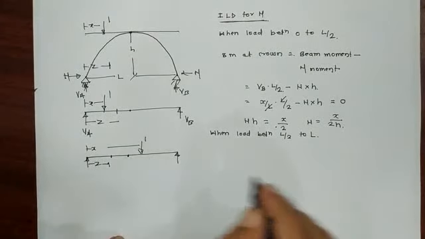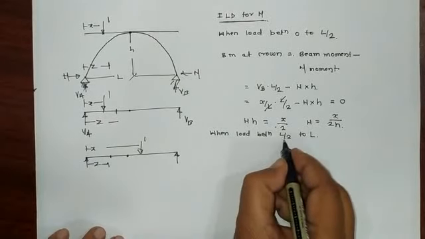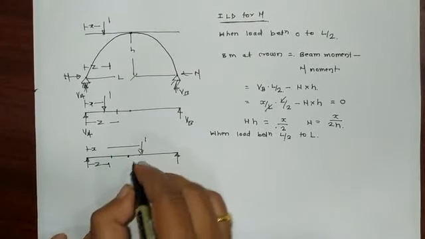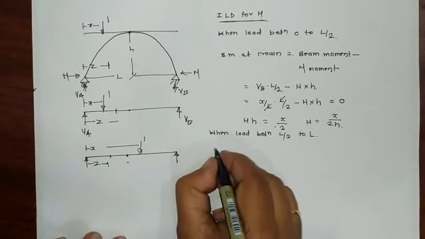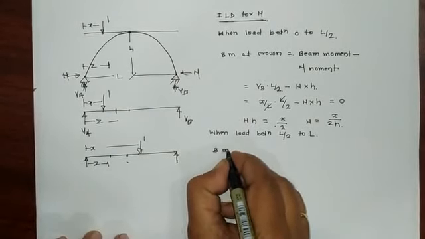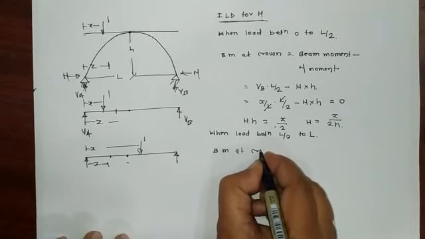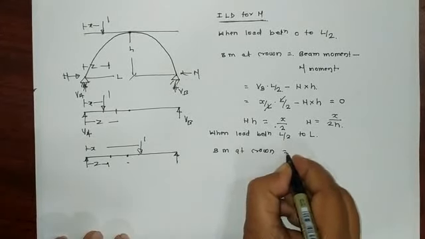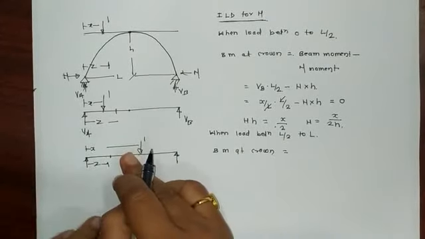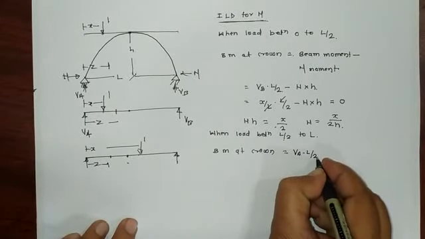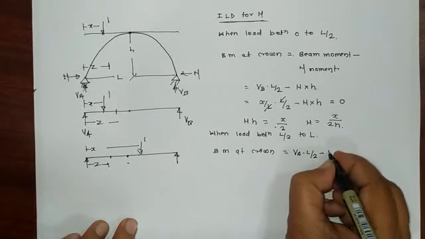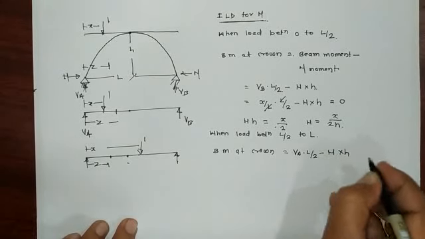So now when the load is between L by 2 to L, where the center is here, in that case again the bending moment at the crown is from the left side. What is here? This VA into L by 2 minus again H into H.